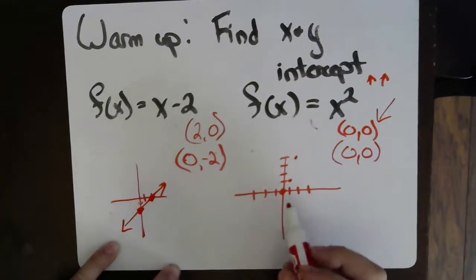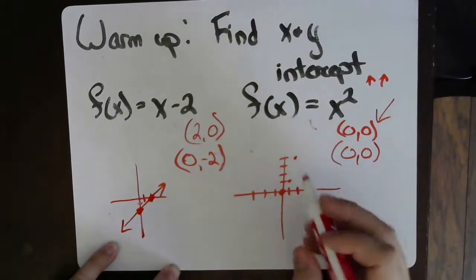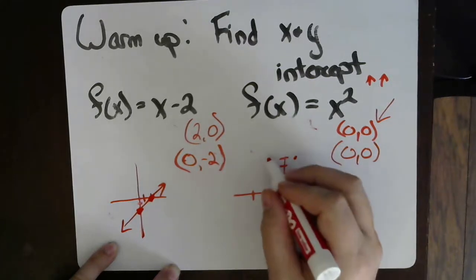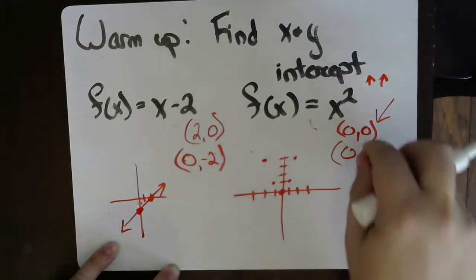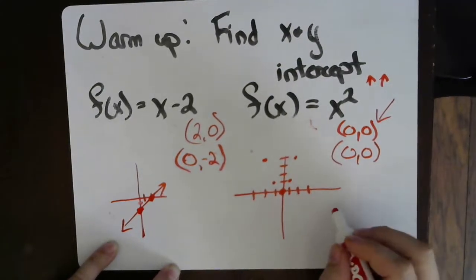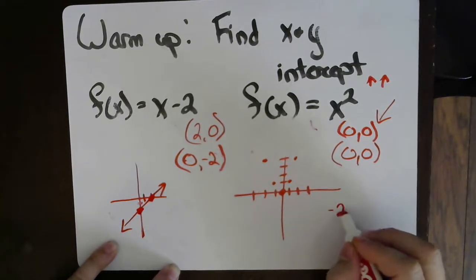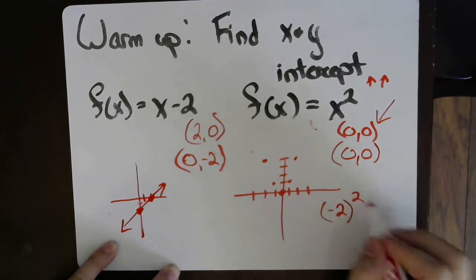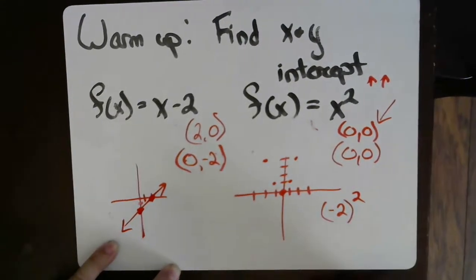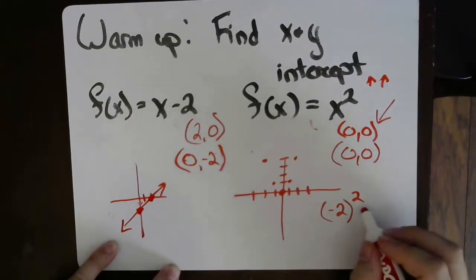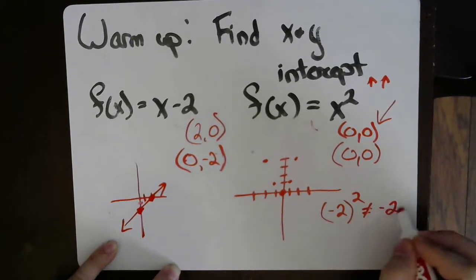Right, now let's go the opposite direction. Negative 1 squared is 1, and negative 2 squared is 4. Make sure if you put this in a calculator and you're checking it, you need to put the negatives in parentheses, like so, because this does not equal that.